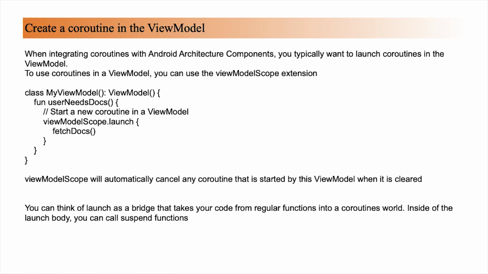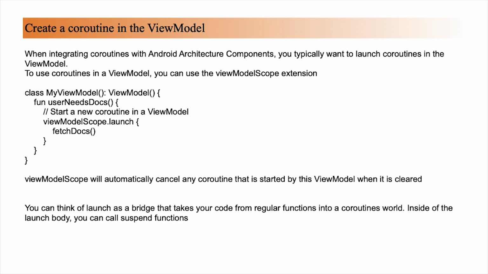Create a coroutine in the view model. When integrating coroutines with Android components, you typically want to launch coroutines in the view model. To use coroutines in a view model, we use the viewModelScope extension.